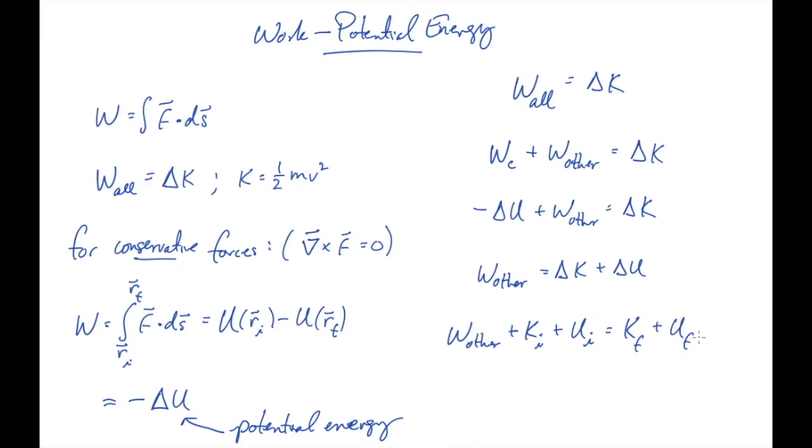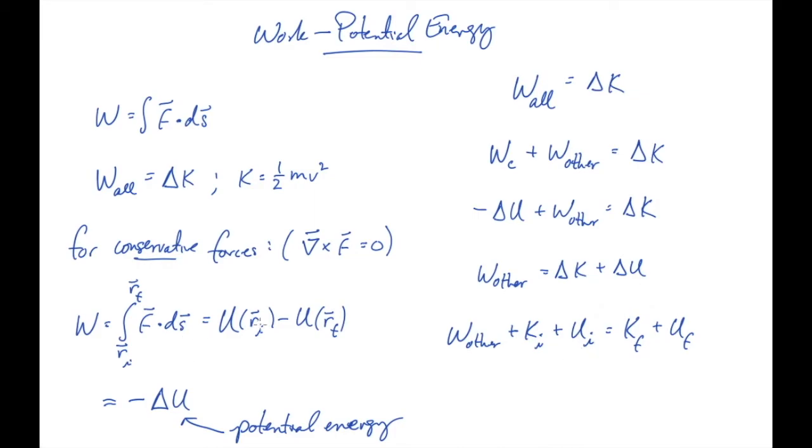This is a statement of what we call energy conservation. It tells me that if I know how much energy I start with, there are two kinds of energy now. There's kinetic energy, which is energy associated with mass in motion. So tell me how much kinetic energy there is, and then tell me how much potential energy there is.